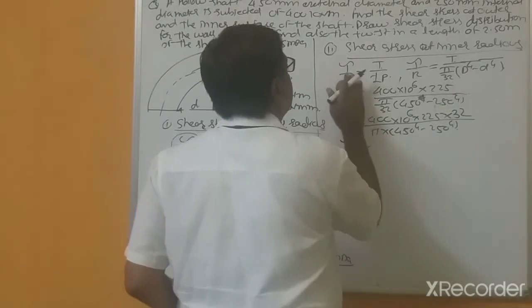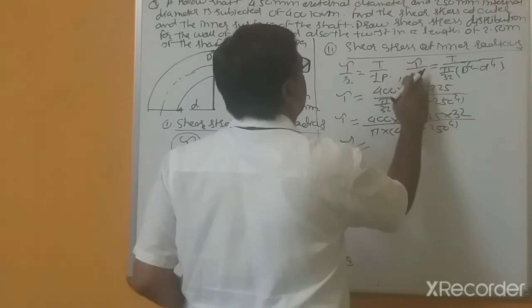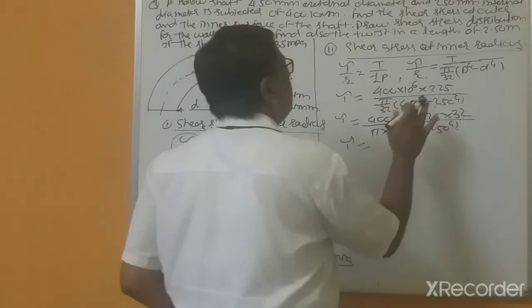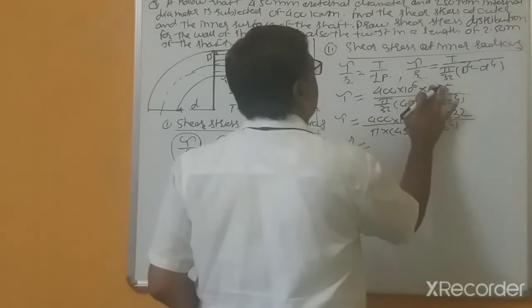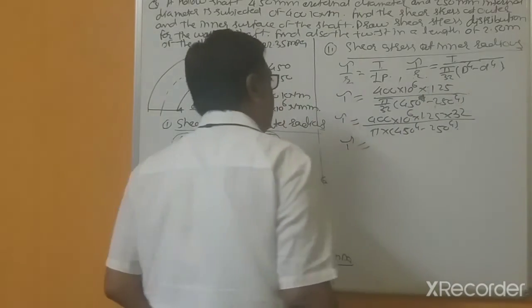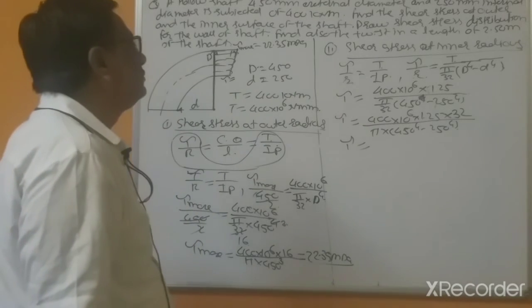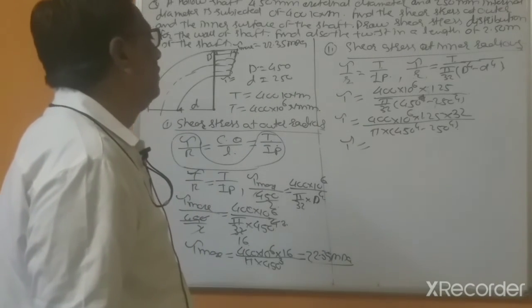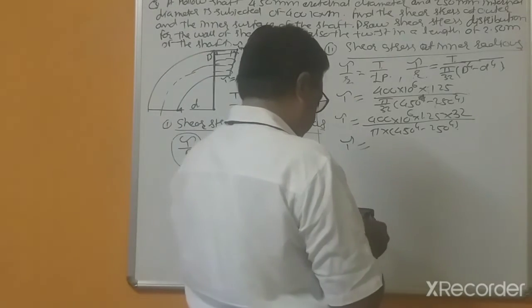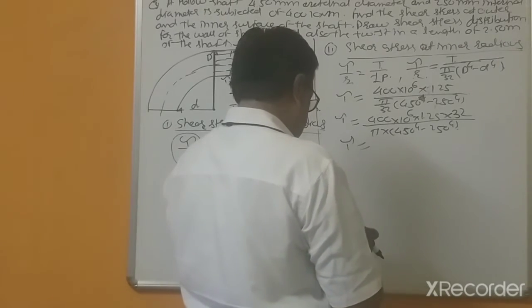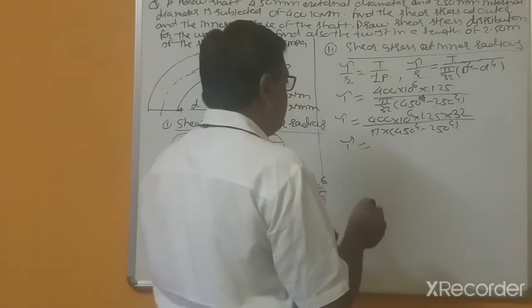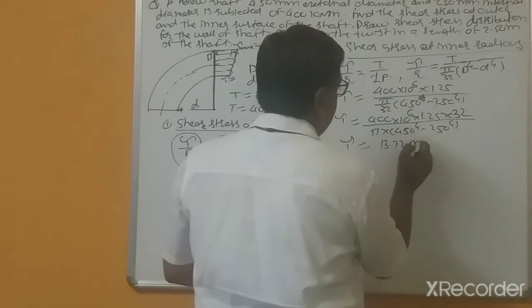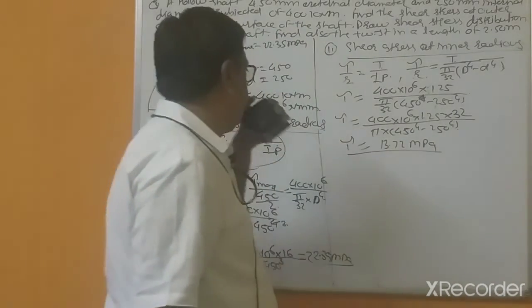Okay, so here this is small r, so this is 125. Multiplied by 125. So this is 13.72 megapascal.